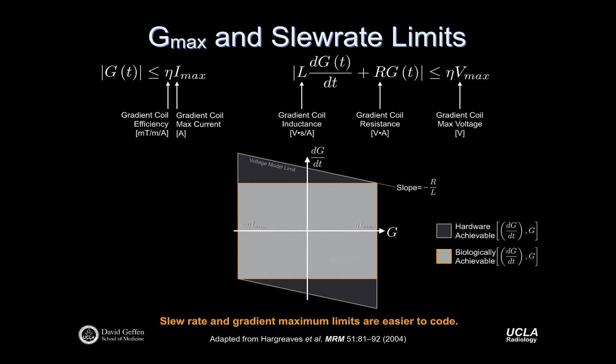We call it peripheral nerve stimulation. So the hardware limit is the outer trapezoid, but the biological limit, the maximum slew rate that's allowed, and we'll talk about this a little bit more, but the FDA puts limits on this, is actually somewhere inside that constraint. And so we really design in the space of gradient strength and slew rates rather than currents and voltages.